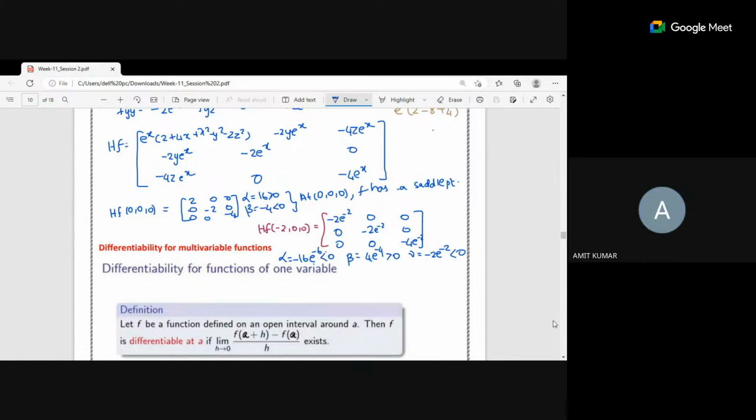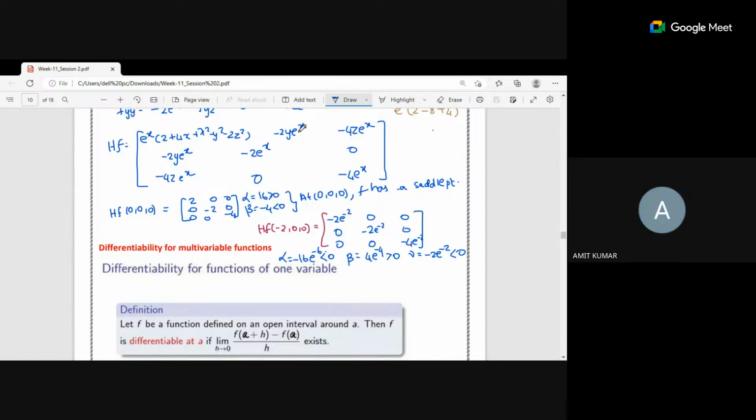Ma'am, I have one doubt. For the construction of the Hessian matrix, we take partial derivatives: fx, fxx, fxy, fxz, and in the second row we consider fyx, fyz. fyx and fxy are both the same for continuous functions.